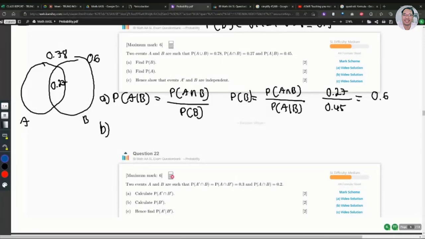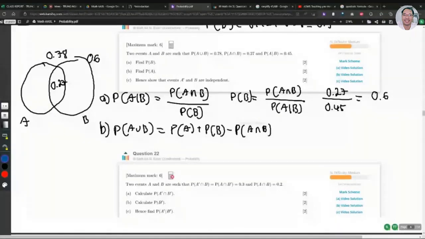The probability of A or B equals the probability of A plus the probability of B, and then minus the probability of A and B.